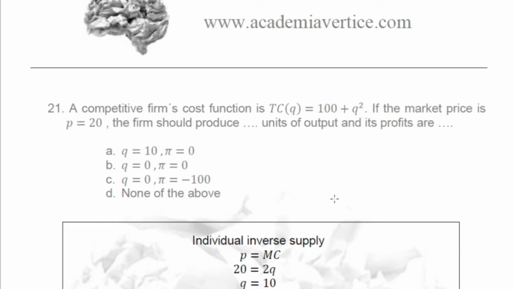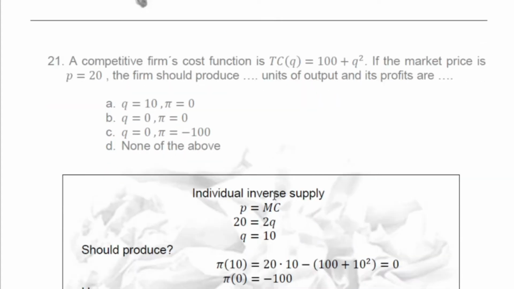Then what I like when I do this kind of exercise is comparing the situation producing 10 and not producing, okay? If I produce 10, my revenues are 20 times 10 minus my costs, which are 100 plus 10 squared, so 200 minus 200 is 0, okay?